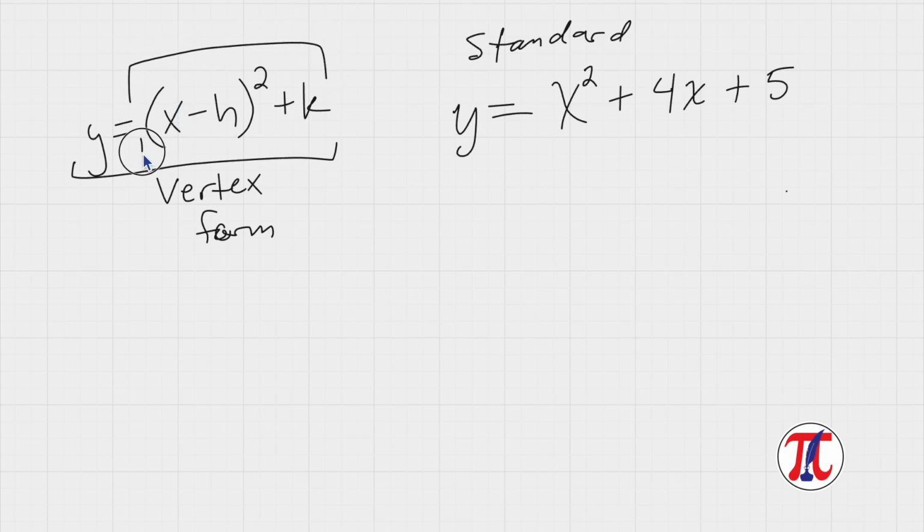Well, in order to do that, notice how I have this binomial squared. It could be just x squared, but in this case it's x minus the x value of the vertex, all squared, plus the y value of the vertex. Well, here in standard form, I don't have my vertex readily visible. I only have my y-intercept readily visible in standard form, which doesn't really help me in this case. So I need to convert this into vertex form.